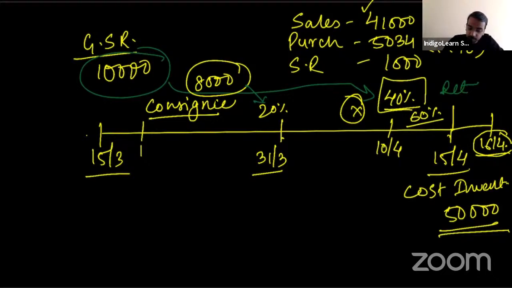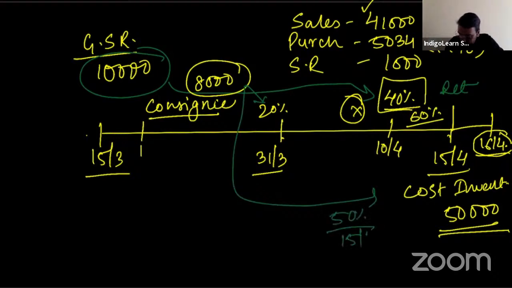50% sold by 15th of April, and these are not included in the sales. So this 41,000 of sales does not include these consignment goods which have been sold.